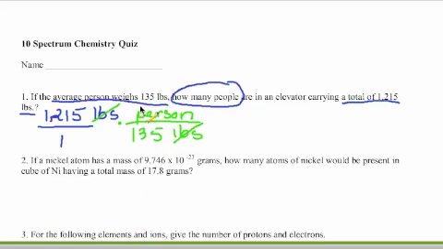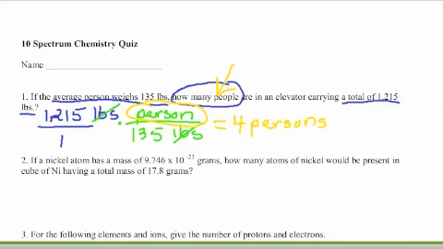The only unit I'm left with now is the unit of person, people, as if you look at it in plural form. And that's what I want, people. So now I just solved the problem, which becomes 1,215 divided by 135, which equals 4, with my units next to it. 4 persons. That's how we solve the problem using the up-down method.